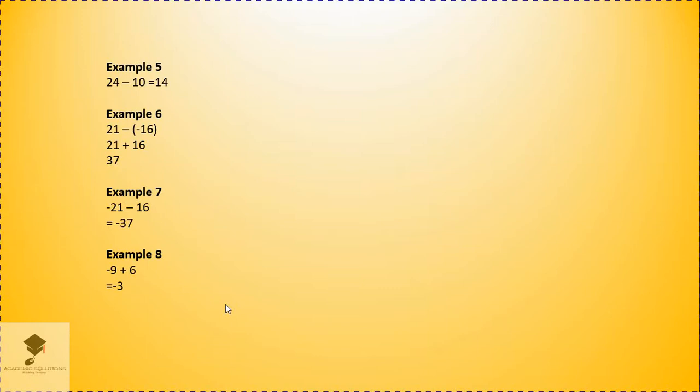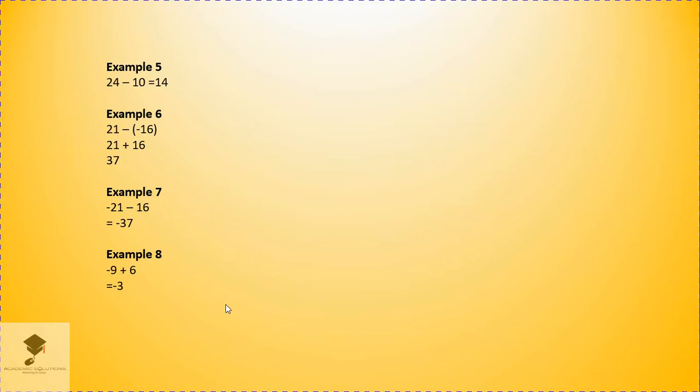We look at example 6, 21 minus of minus 16. In this case, 21 is bigger than 16, so whatever our answer is, it's going to be positive, because remember, our answer takes the sign of the bigger number, and in this case 21 is the bigger number and it's positive.